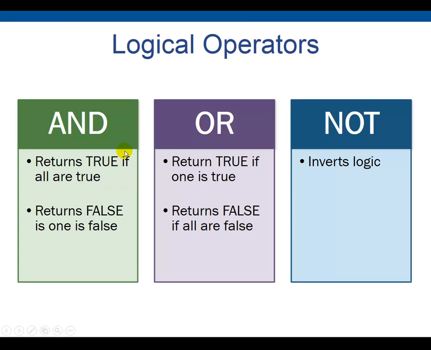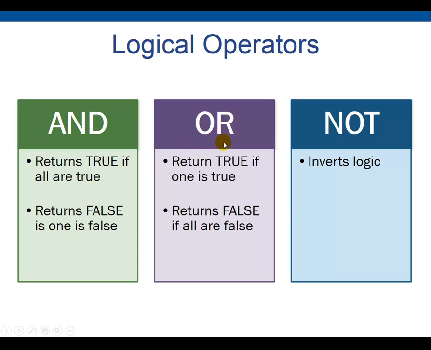The logical operators in the if function, you have to be familiar with these logical operators. AND, OR, and NOT. AND means return true if all the conditions are true, but return false if one of them is false. How about OR?